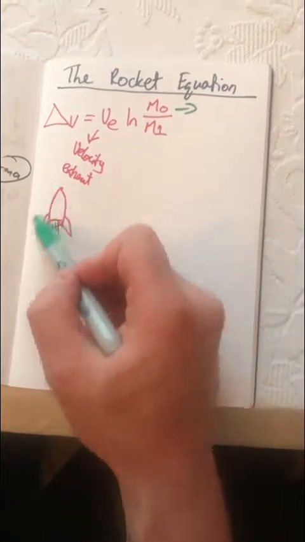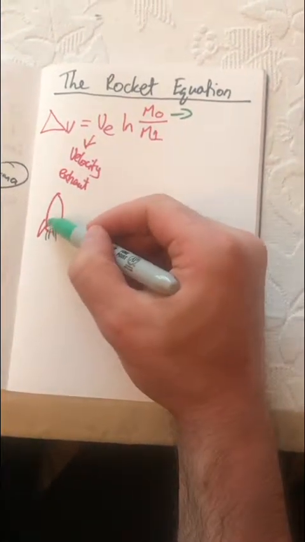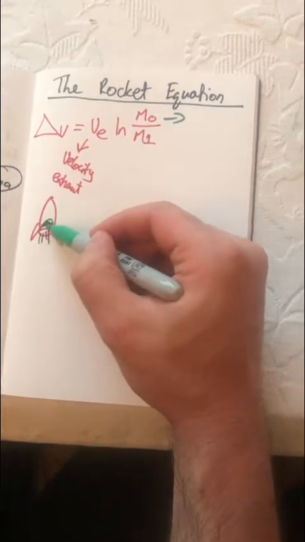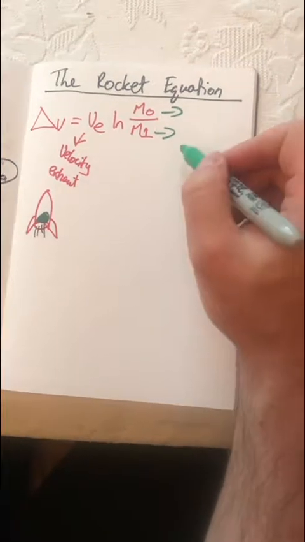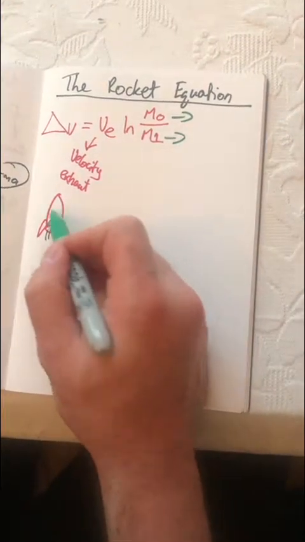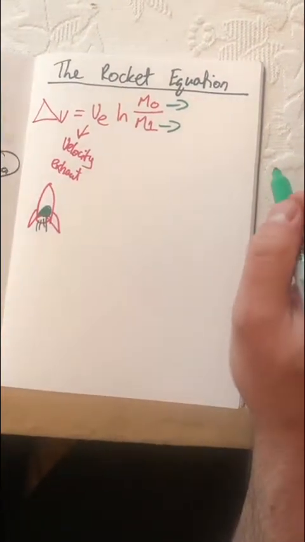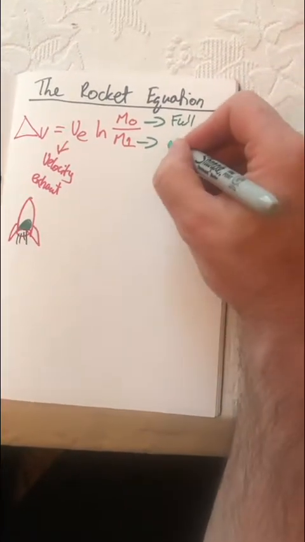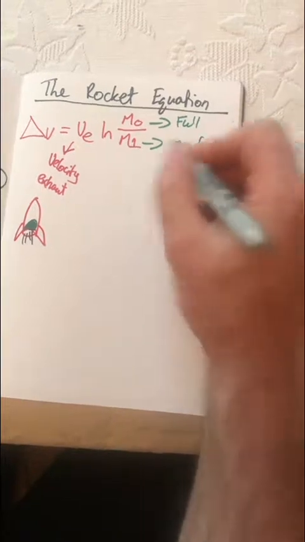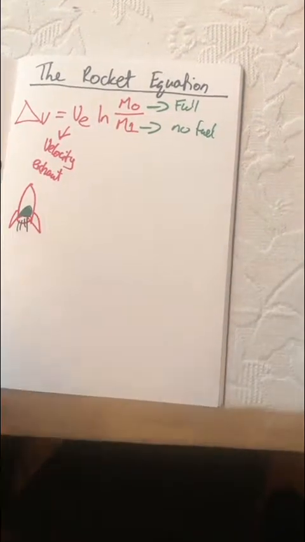So this is both the rocket and all of the fuel that's inside the rocket. And then M1 is when it's just the rocket, when there's no fuel left. So this is when it's full of fuel, and this is when it has no fuel left, and it's just the rocket.